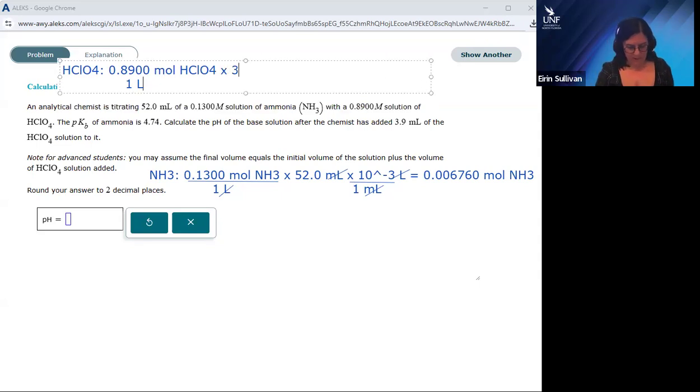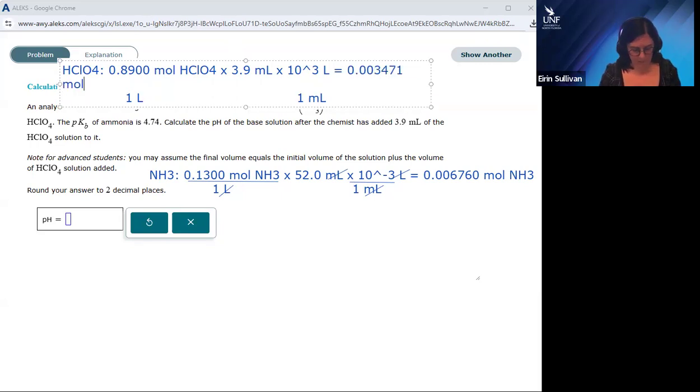Was it 3.9 milliliters? And then convert milliliters to liters, like so, with a little conversion factor. And that gives me 0.003471 moles of my perchloric acid.